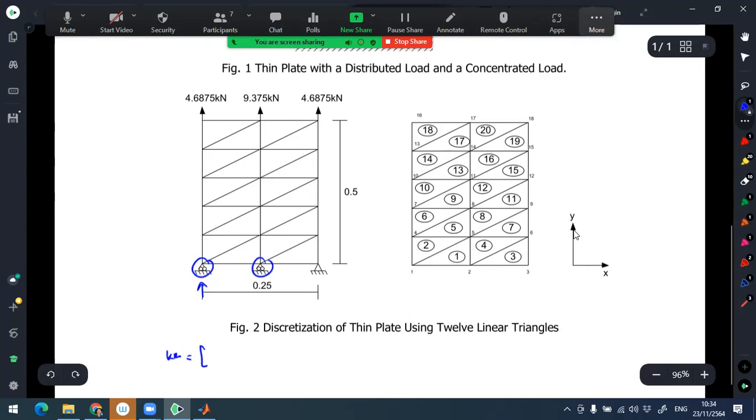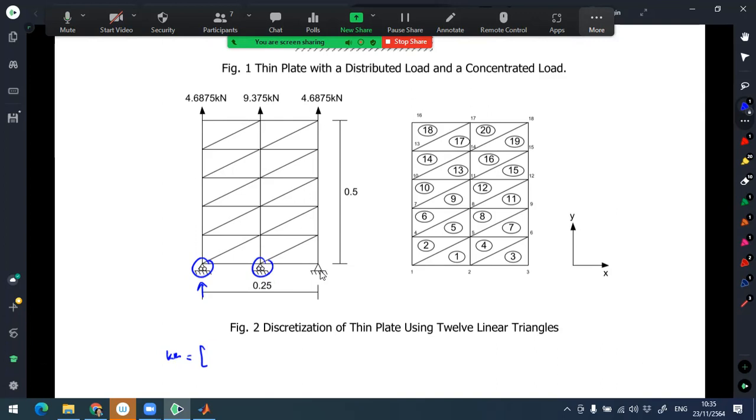Okay, then we change the boundary condition from all pin support. At the first node, we change the pin support to be just a roller support, and node number 2 to be roller also, and node number 3 just keep as hinge. Okay, so what happened?